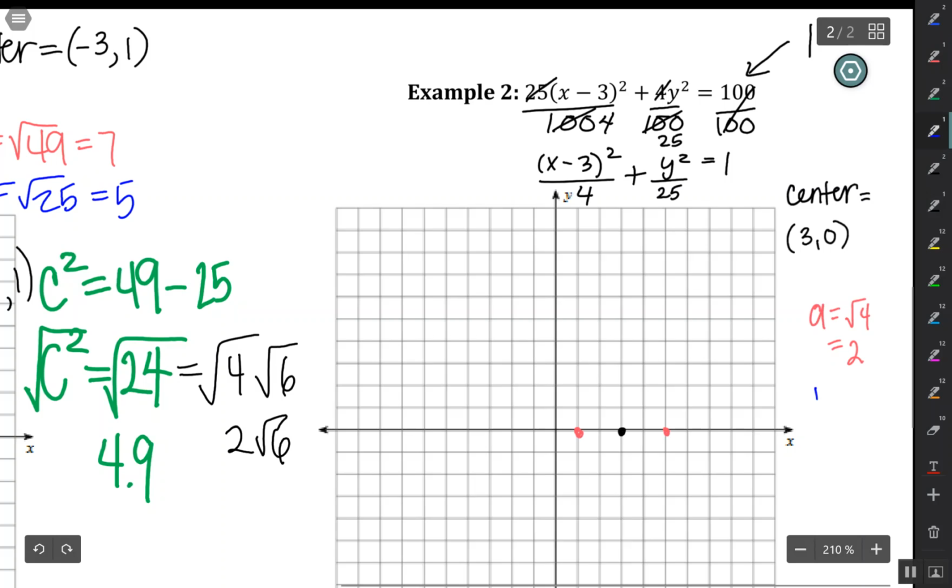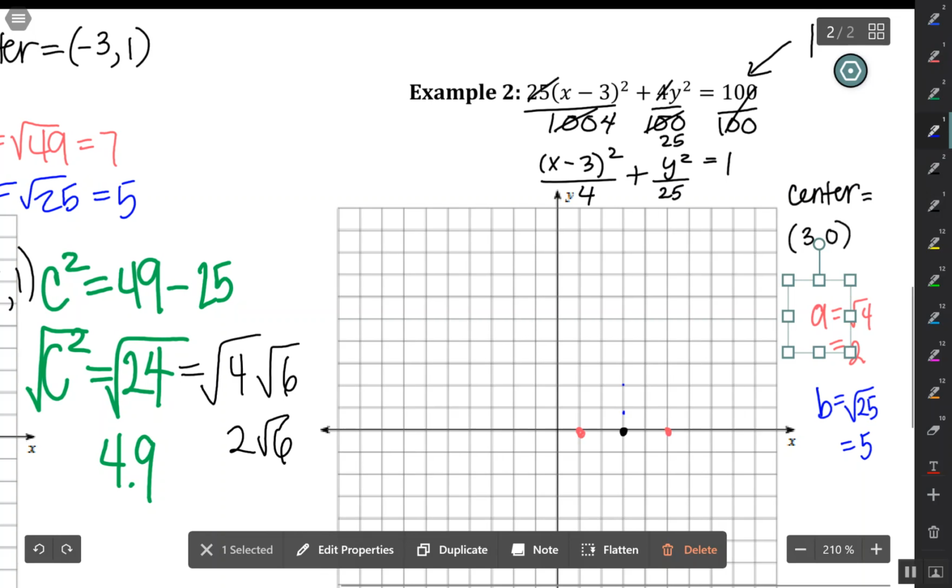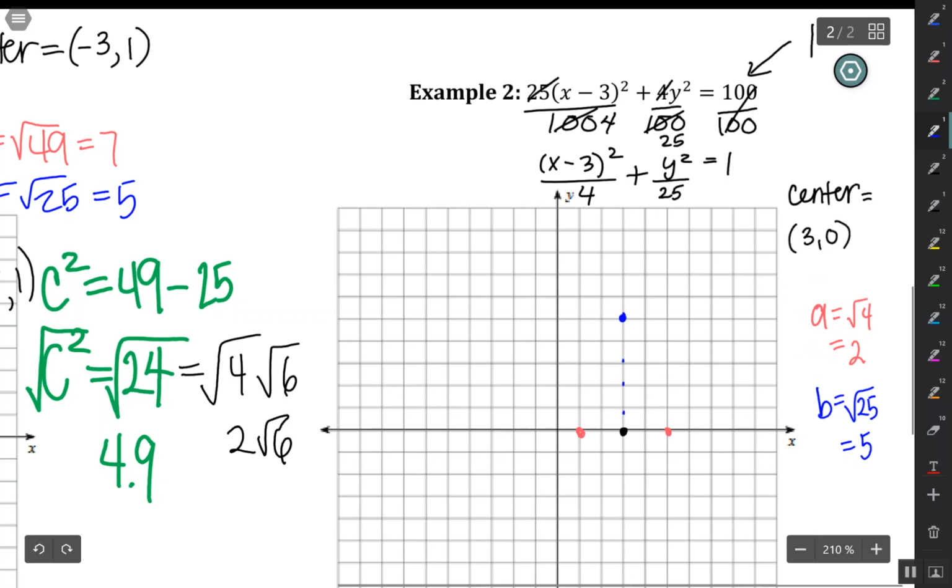B is the square root of 25, which is 5. So I'm going to go up or down 5. 2, 3, 4, 5. All right, there she is. So this is one where B is greater than A, so our axis is going up and down, our major axis or focal axis.